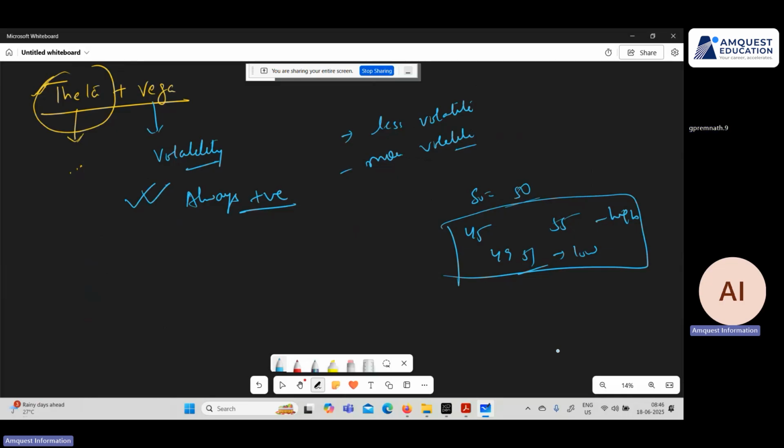And how about Vega in terms of number of days? Is it absolute volatility? No, it has nothing to do with absolute because it's always positive.